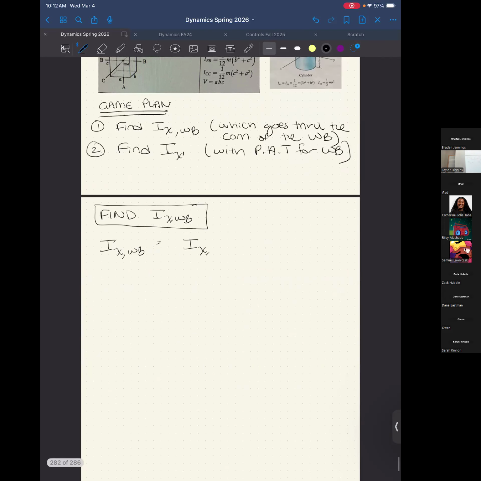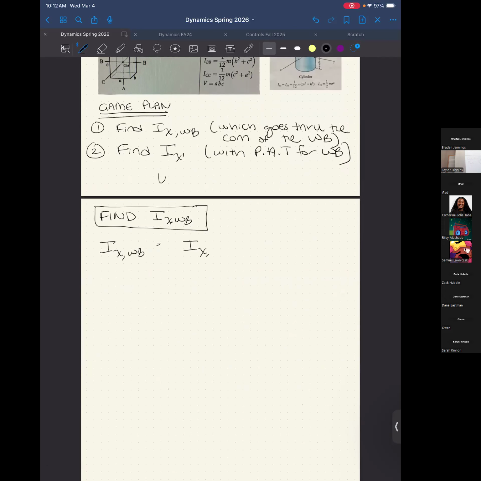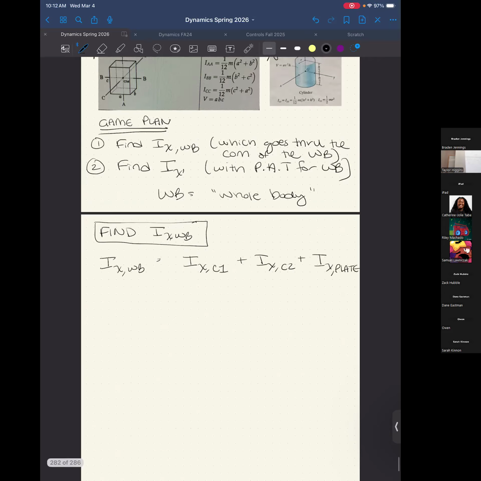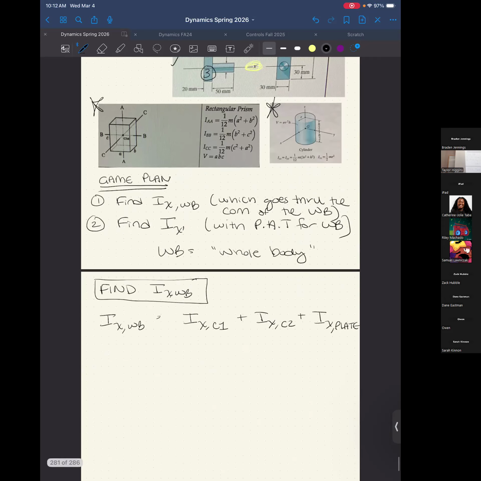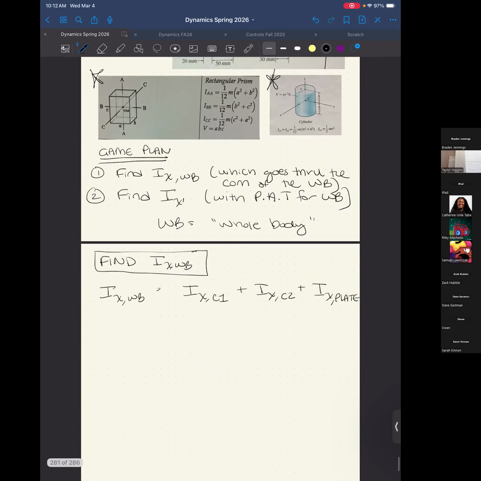IX whole body is IX cylinder one plus IX cylinder two plus IX plate, or whatever you want to call the rectangular thing. So some of these will require parallel axis theorem.